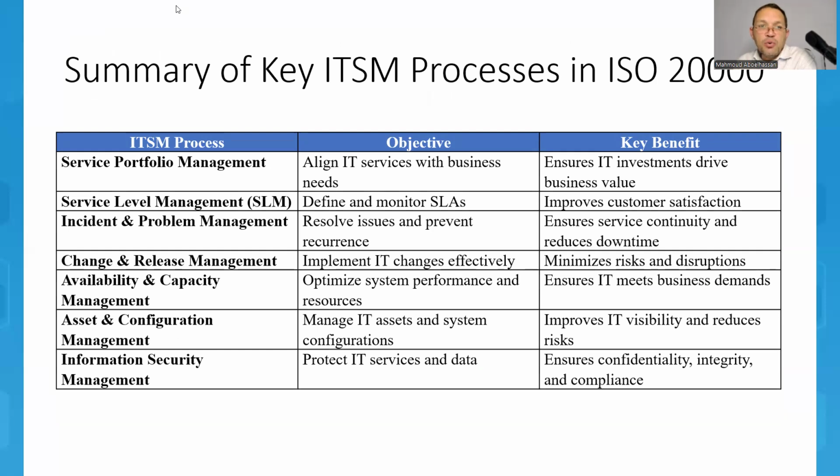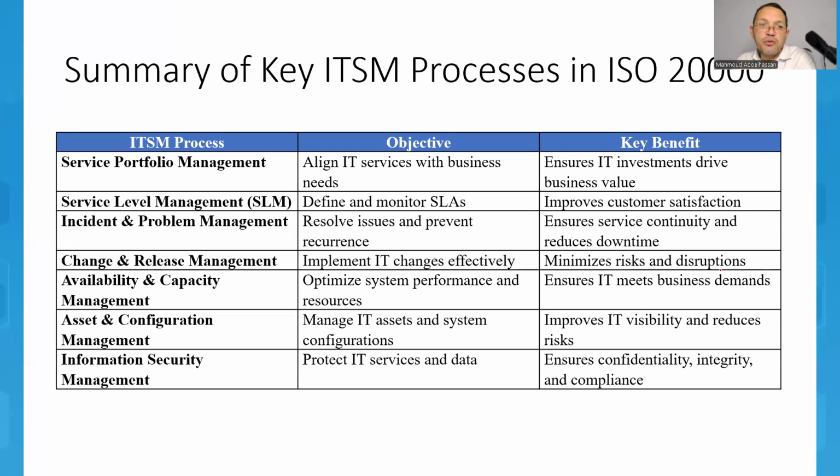We also demonstrated the service level management, which defines and monitors the service level agreements and helps the service providers to improve customer satisfaction. Incident and problem management will help us to resolve issues and prevent recurrences and ensure service continuity and reduce downtime.